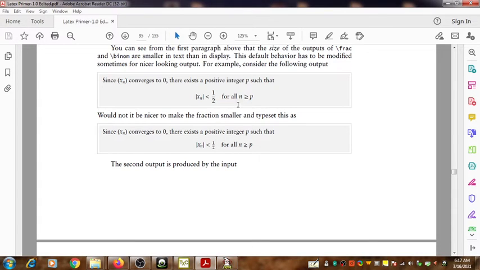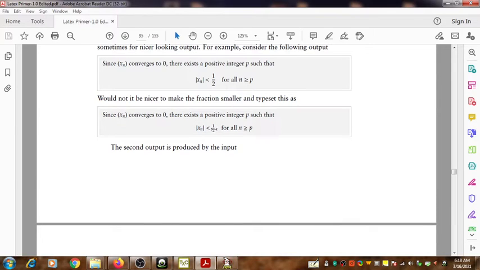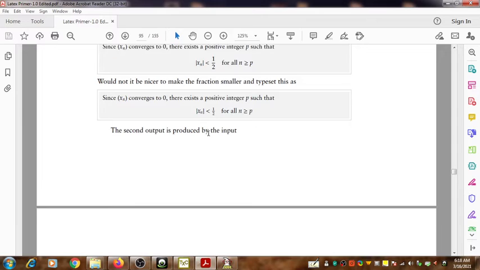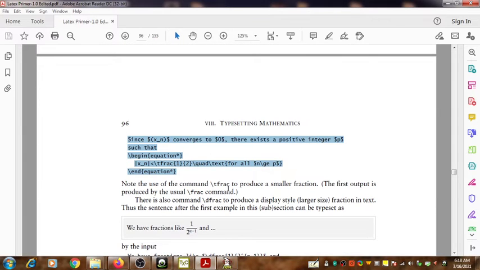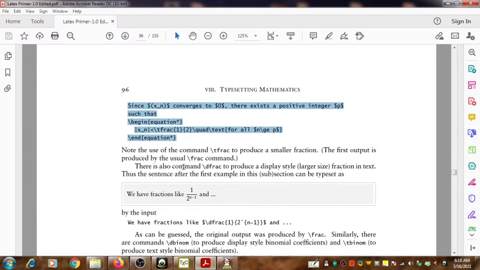When you compare this output with the second output, when we use the slash frac command, you are getting a fraction in a bigger size. When you use the slash tfrac command, you can reduce the size of that fraction. So to reduce the size of the fraction, you can use the command slash tfrac, and that's the difference. Okay, then let's see the effect.